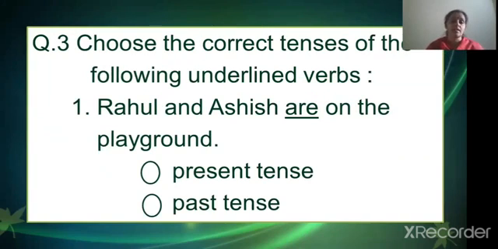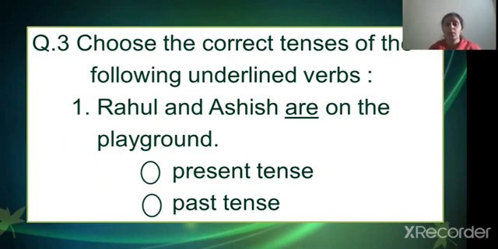Choose the correct tenses of the following underlined verbs. In the sentences, the verbs have been underlined. You're going to tell me whether it is present tense, past tense, or future tense. Rahul and Ashish are on the playground. Are has been underlined here, right?